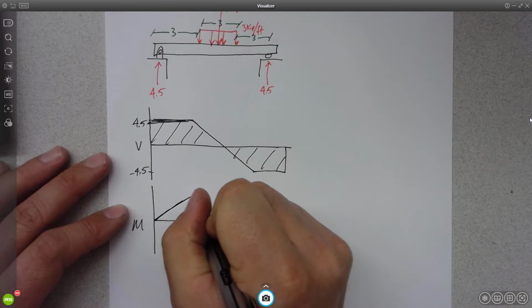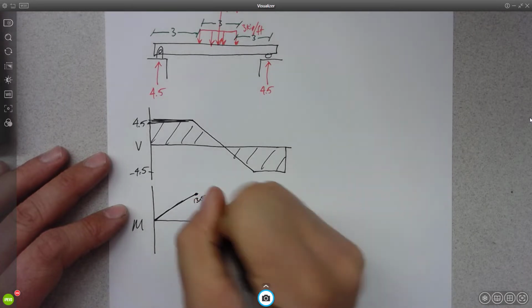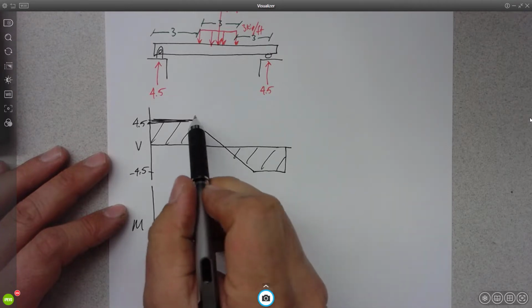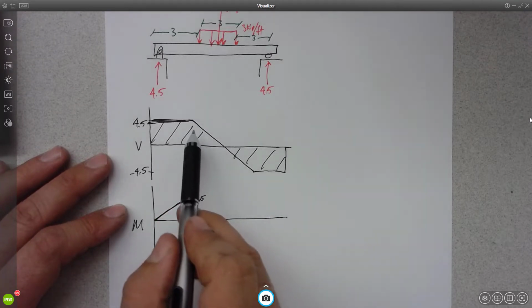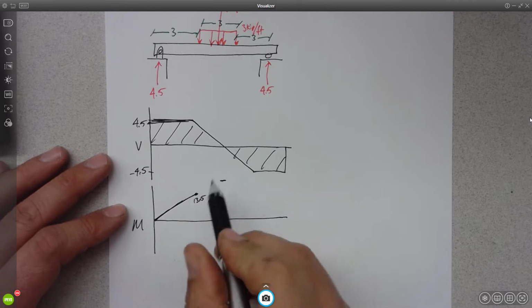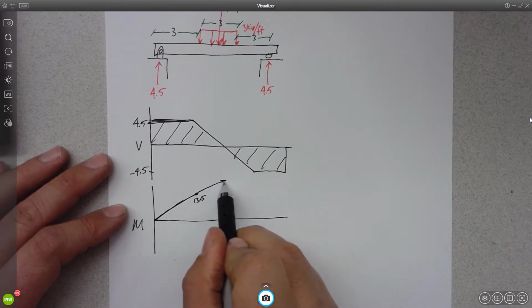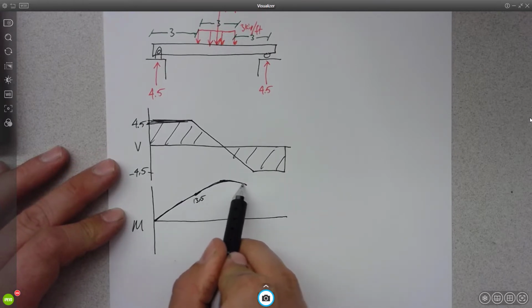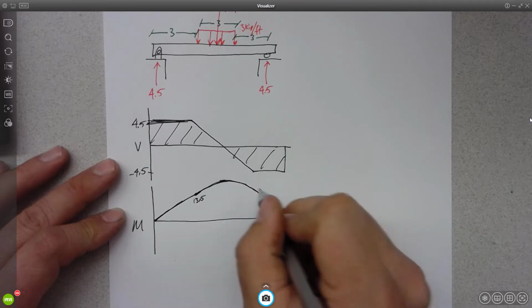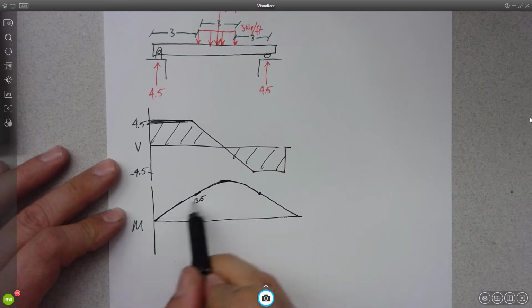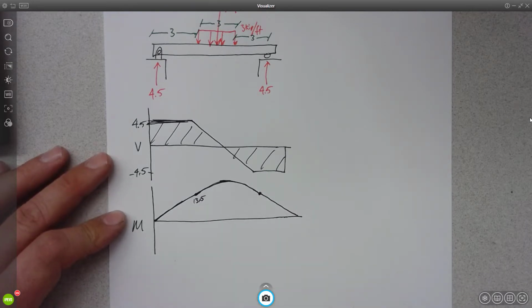So we're at 13.5. Then we have tangent, but decreasingly positive to a flat spot right here. So now we've got a curve going on. And then it's going to do that same curve down, and then straight line down. So it's kind of like a mound where we have straight lines and then a curved top or a hill.